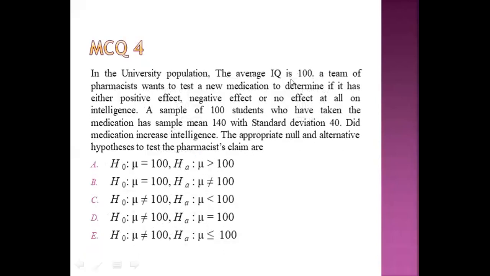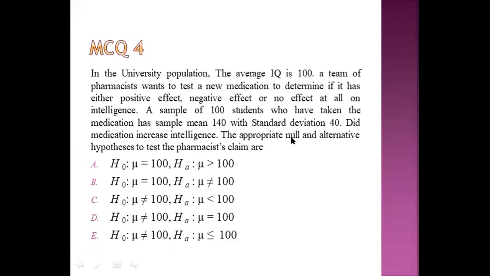In the university population, the average IQ score is 100. A team of pharmacists wants to test a new medication to determine if it has either a positive effect, negative effect, or no effect at all on intelligence. A sample of 100 students who have taken the medication have a sample mean of 140 with standard deviation 40. Did the medication increase intelligence?